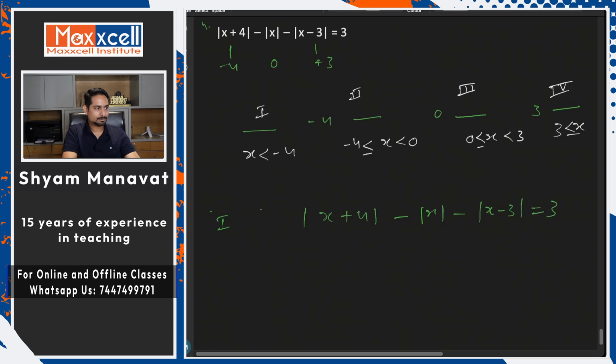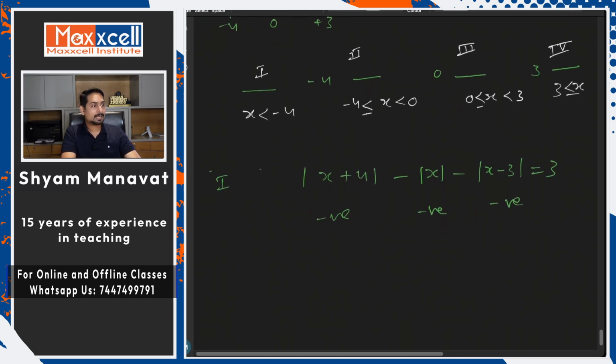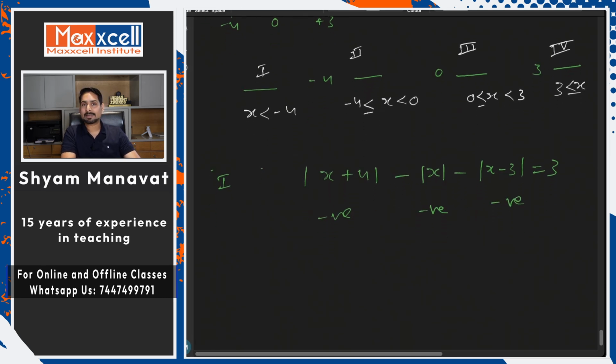So less than -4, this will be negative, this will be negative, and this will also be negative. You can take x is equal to -5 and try with all of them. Any value less than -4.